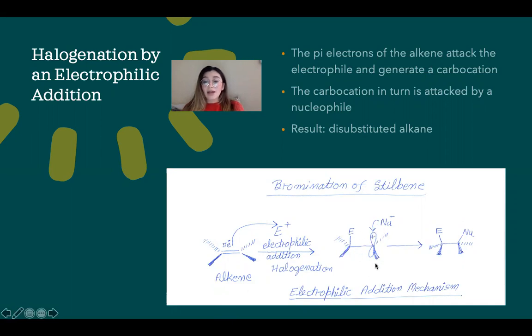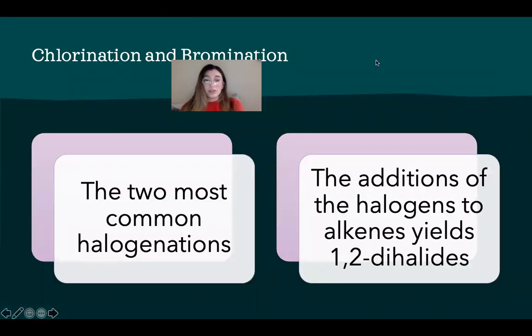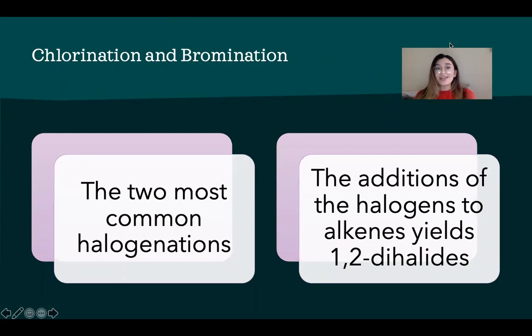And then the carbocation in turn is attacked by the nucleophile, and we get a disubstituted alkane. Chlorination and bromination are the two most common halogenations, and the addition of halogens to alkenes yields 1,2 dihalides.